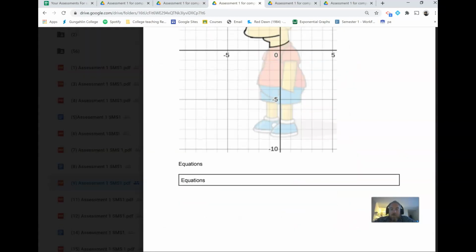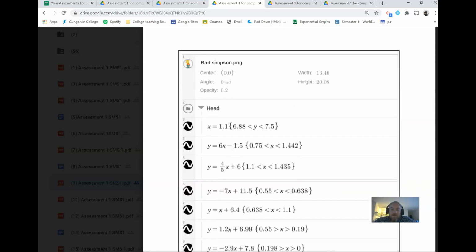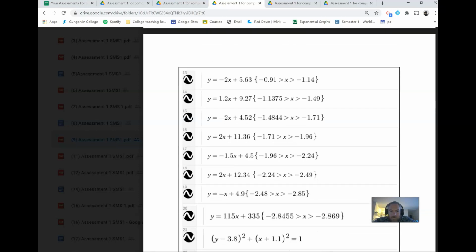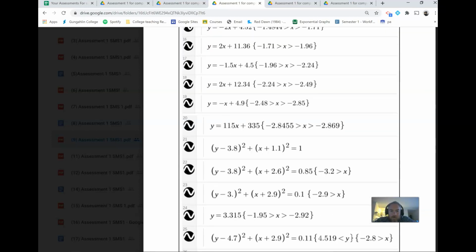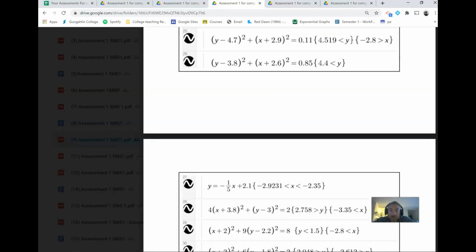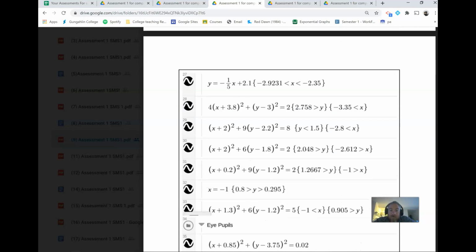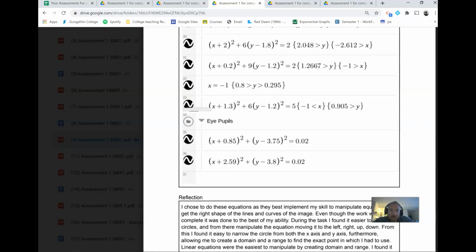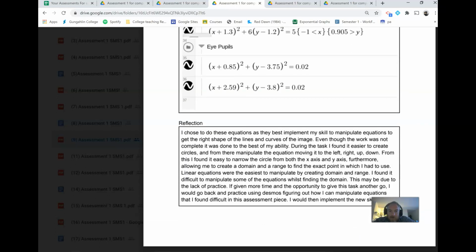It's not as complete as I'd like it, and it doesn't use a huge variety of equations, but it's very well matched. So someone's got a very good eye for attention to detail.